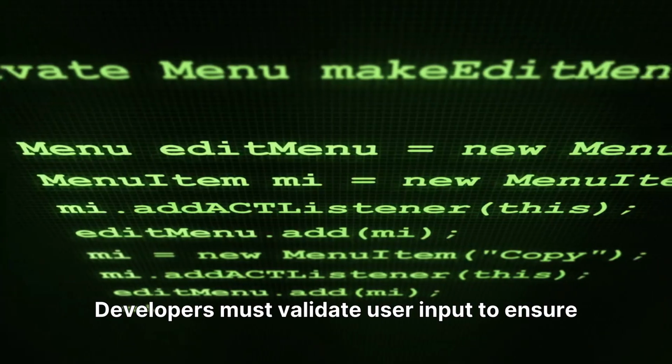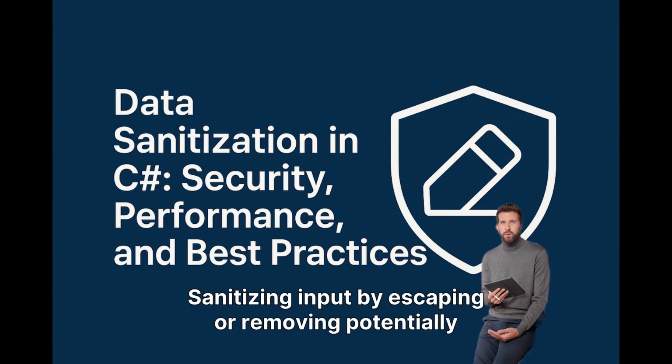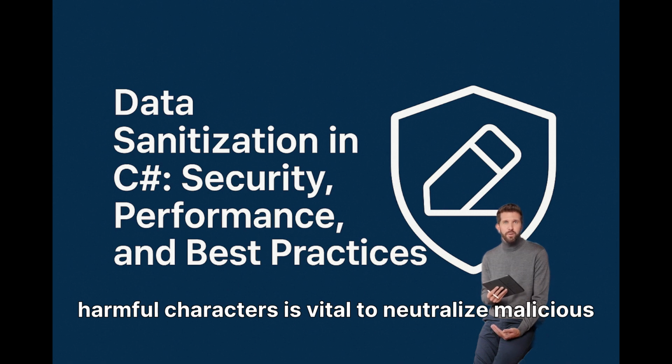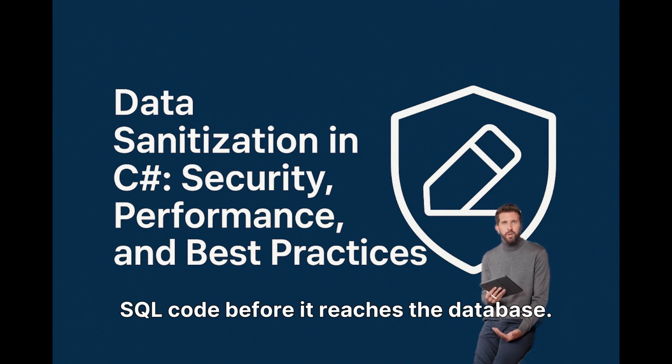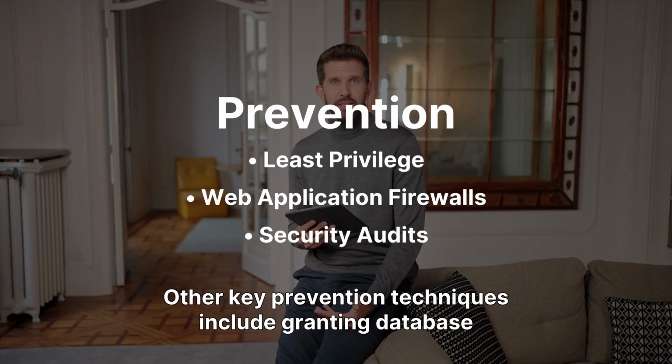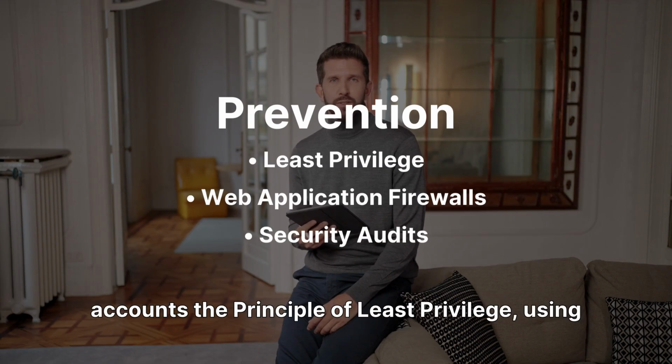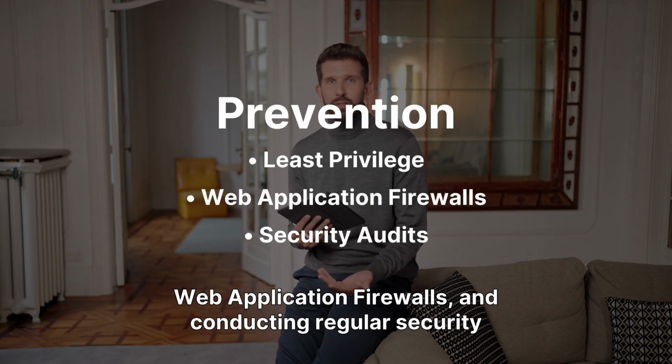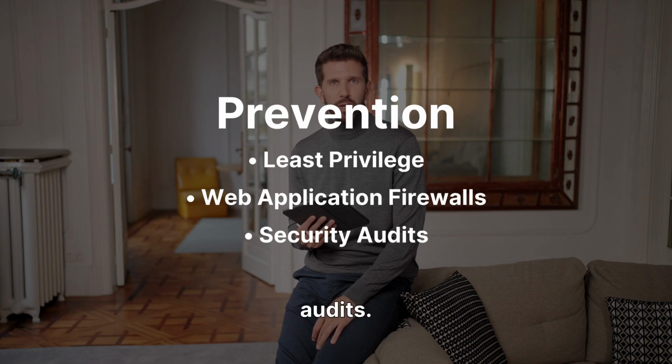Developers must validate user input to ensure it conforms to expected data types and formats. Sanitizing input by escaping or removing potentially harmful characters is vital to neutralize malicious SQL code before it reaches the database. Other key prevention techniques include granting database accounts the principle of least privilege, using web application firewalls, and conducting regular security audits.